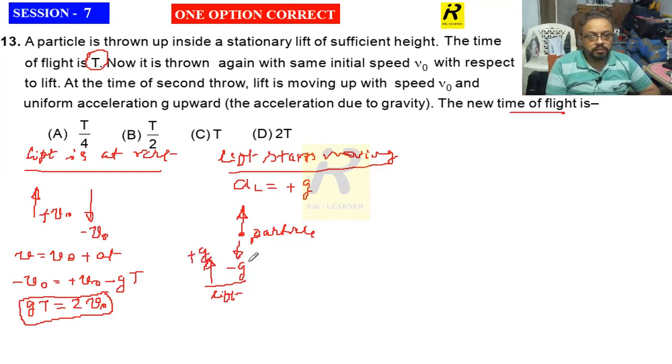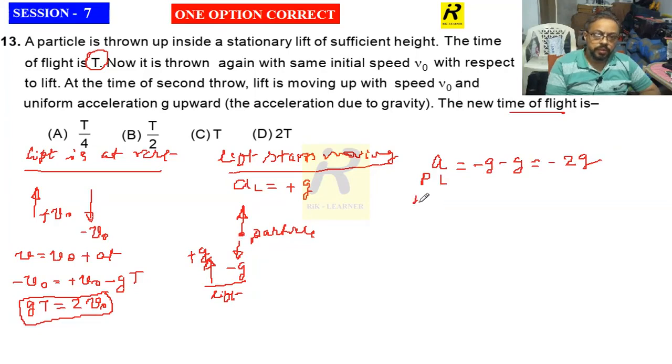So that means both accelerations are opposite in direction. That means the relative acceleration, so the acceleration of the particle with respect to the lift will be minus g minus g, which is equal to minus 2g. Both are opposite. So the acceleration of this particle will be minus 2g.